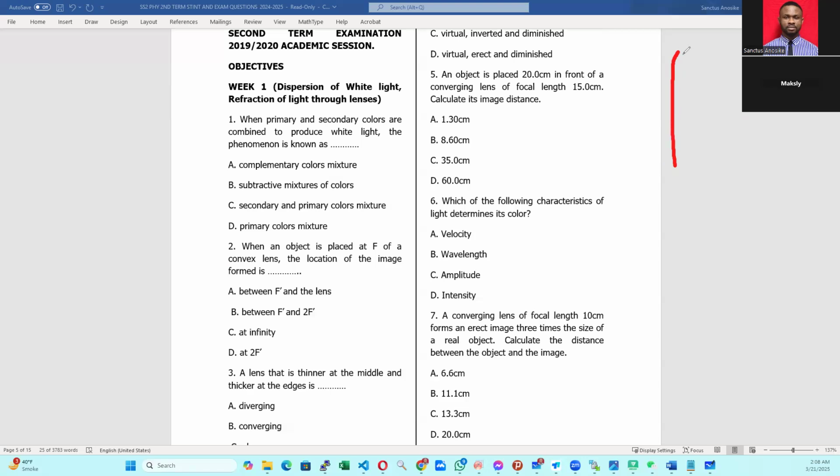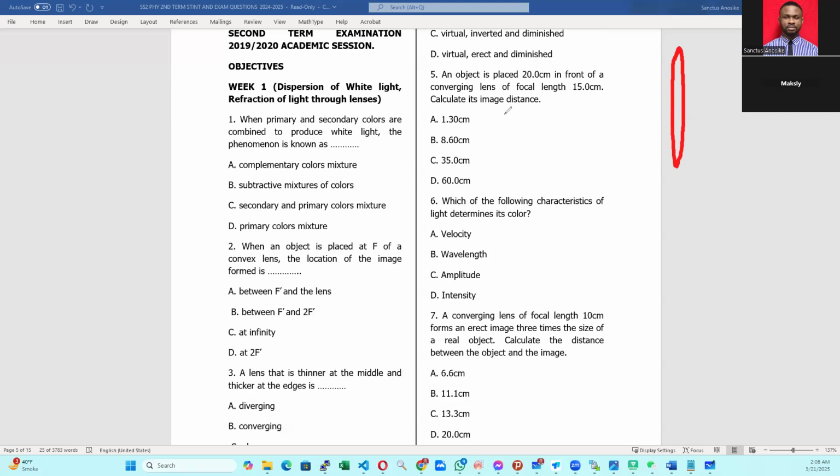So your ability to know which case a given question is pointing at, your ability to identify that, puts you one step to the answer.